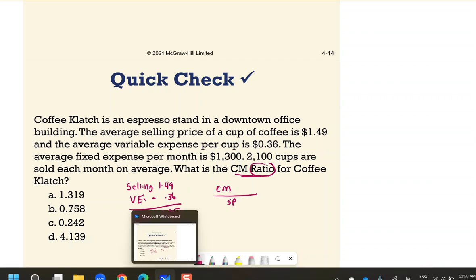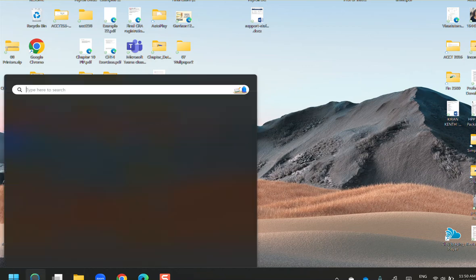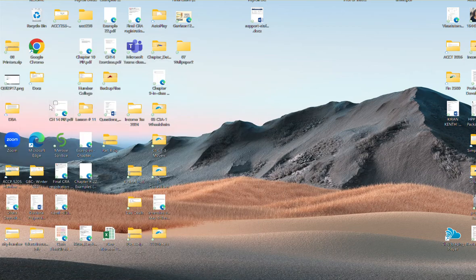I am trying to find my calculator so I can get the number. So in this case, what will be my... Sorry, I closed the window accidentally, so I'm just going to go back and calculate it.